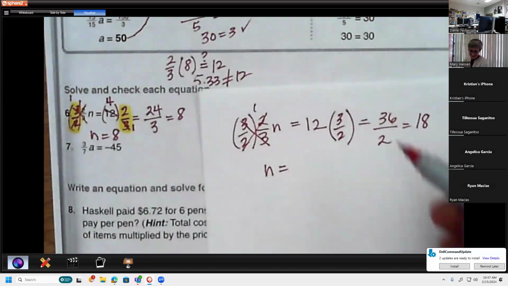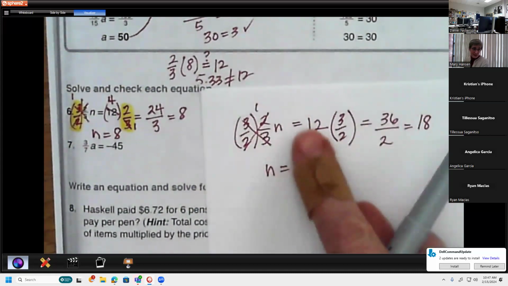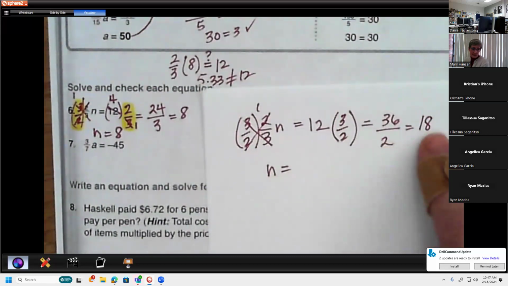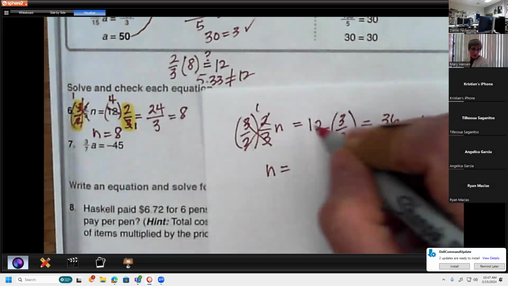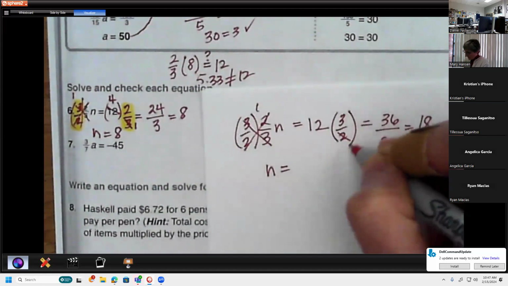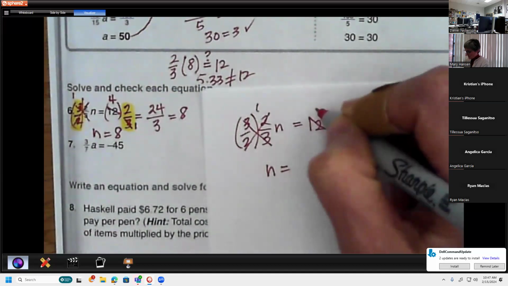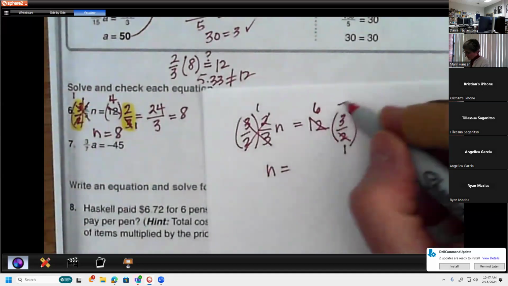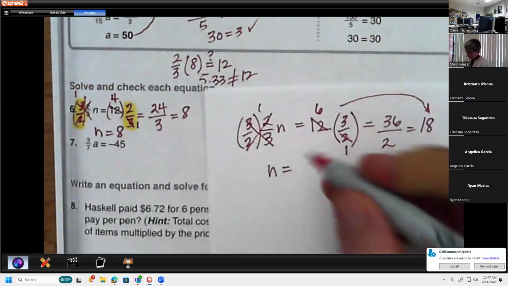I did it right. Okay, so the other way to deal with this fraction, you can multiply across the top, multiply across the bottom, divide. Other way to do it is to say 2 will divide into 12. So 2 divided by 2 makes 1, and 12 divided by 2 makes 6, and 6 times 3 gets me straight to the 18.